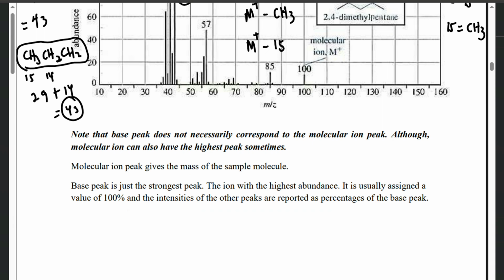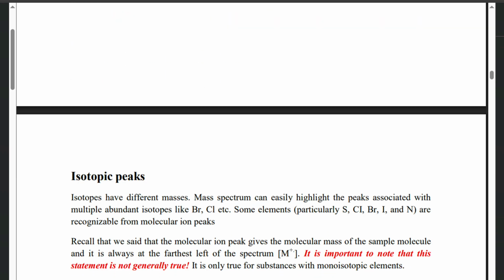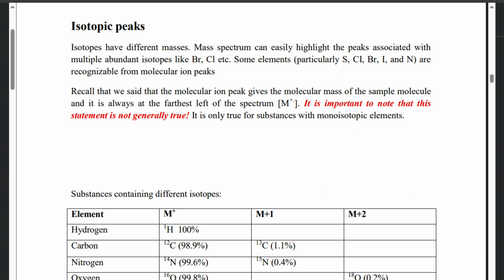So base peak is just the strongest peak, the ion with the highest abundance. It is usually assigned a value of 100%, and the intensity of all other peaks are reported as a percentage of the base peak, right? So now let's see this important aspect: isotopic peaks.